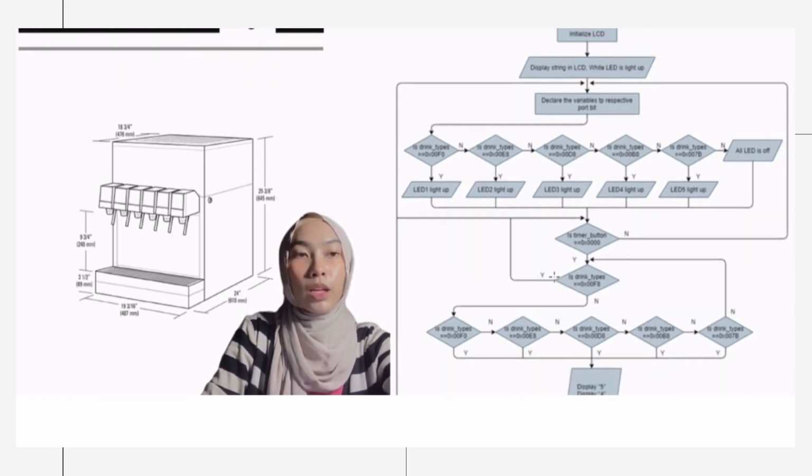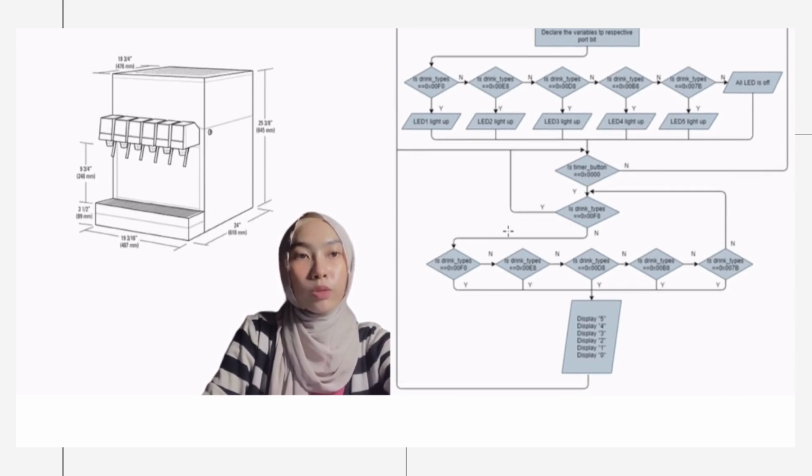And it will make sure that only if one of the switches, switch 1, 2, 3, 4 and 5, is on, the BCD 7 segment will display the countdown of time from 5 seconds till 0 seconds.